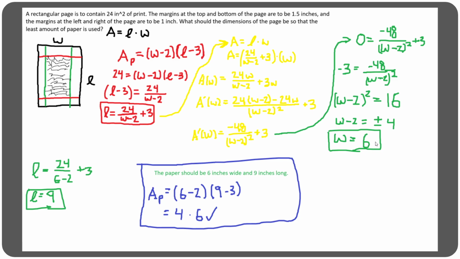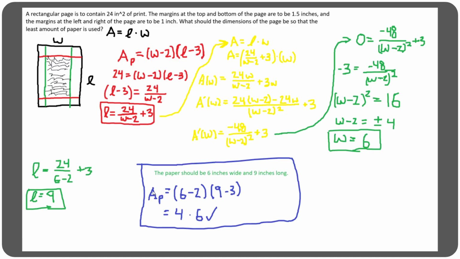And now we're really close to solving the problem. We know that the optimum width of this page is going to be 6. So you can literally just plug your width into the equation that we have for length and find that length is equal to 9. So we've solved the problem correctly. The paper should be 6 inches wide and 9 inches long.